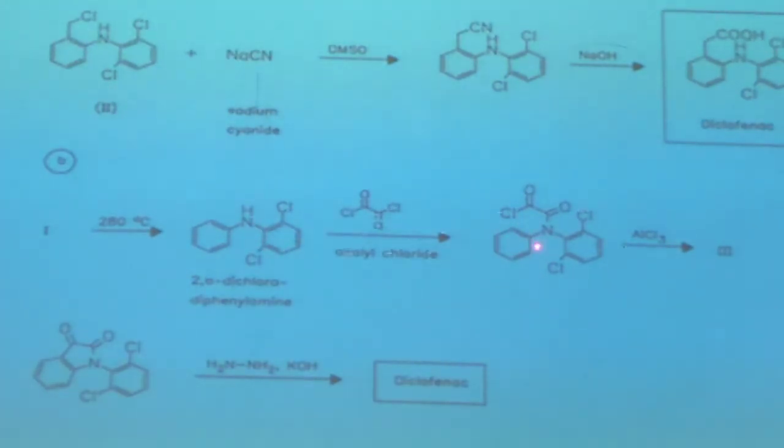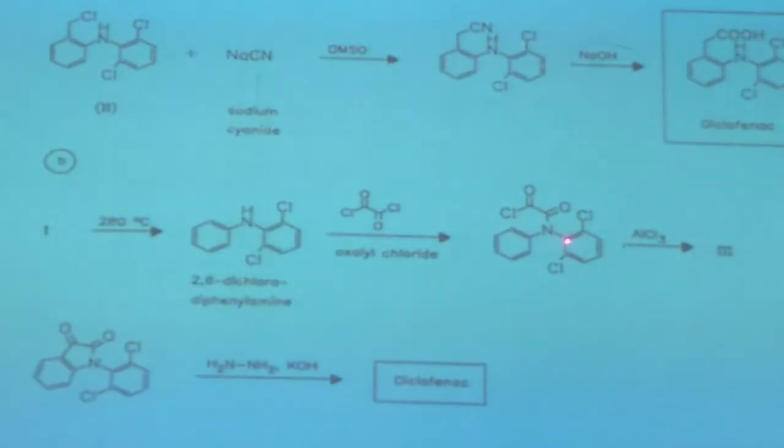Ultimately, that proton will be removed from the benzene ring, and Cl will be removed from oxalyl chloride. Another HCl will be formed in the presence of AlCl3, and that linkage will get fragmented from this position, and proton will get attached, and that carbonyl group will be reduced into CH2, and hydroxyl group will get attached to this position.